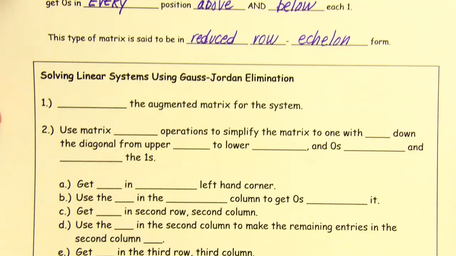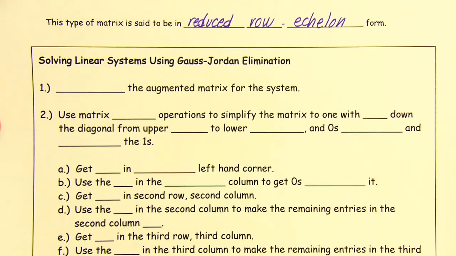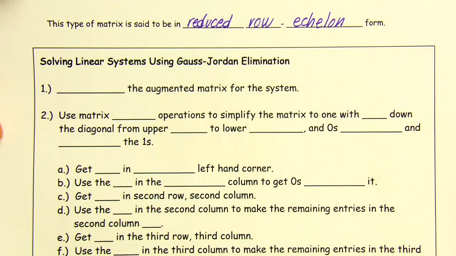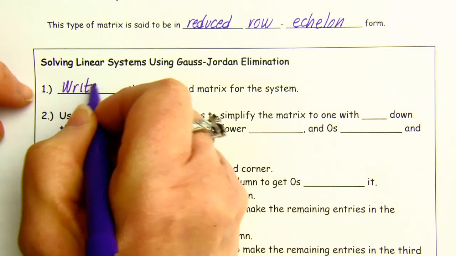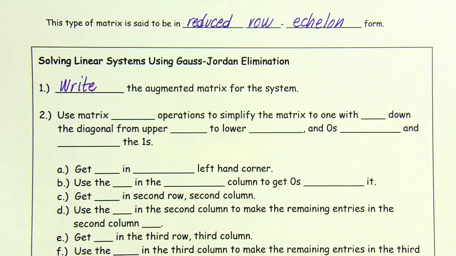Okay, our box information. Solving linear systems using Gauss-Jordan elimination. First, we do like we did before and write the augmented matrix for the system.